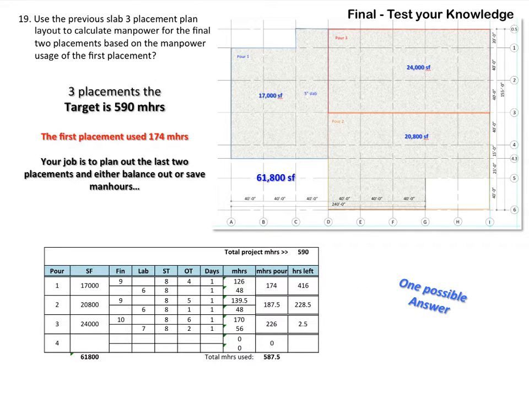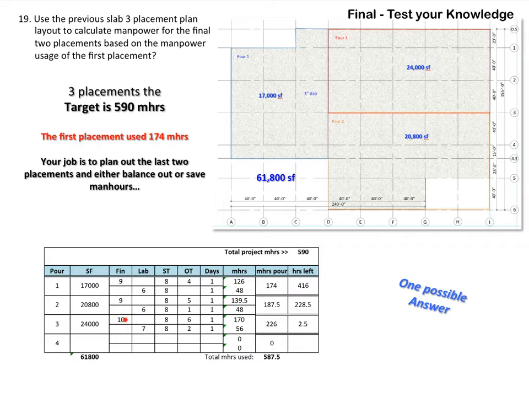One possible answer on pour number 2 is to use 9 finishers for 8 hours with 5 hours of overtime and 6 laborers for 8 hours with 1 hour of overtime, and you will have spent 187.5 man hours, gives you 228.5 man hours left over.